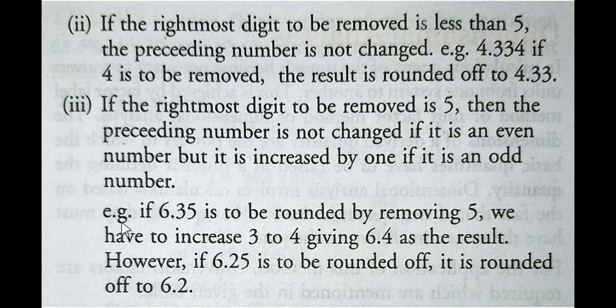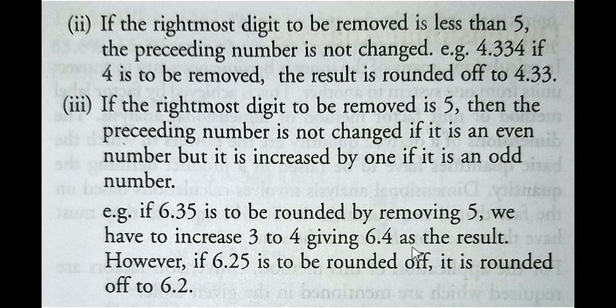Let us see an example. If 6.35 is to be rounded by removing 5, we have to increase 3 to 4, that is, the value is 6.4. Why 6.4? Because the preceding number is an odd number. For an odd number we have to increase it by 1.